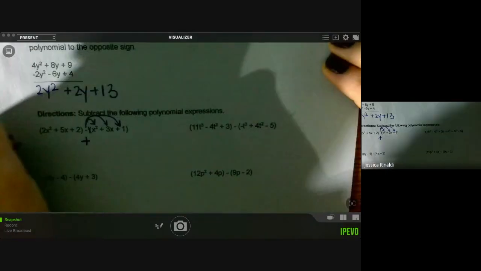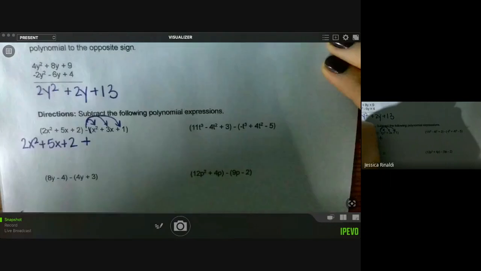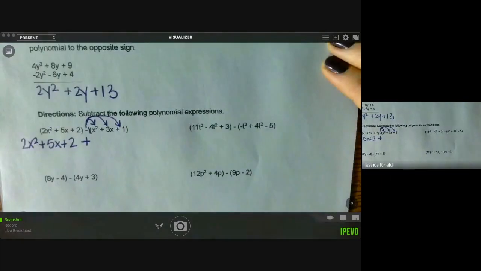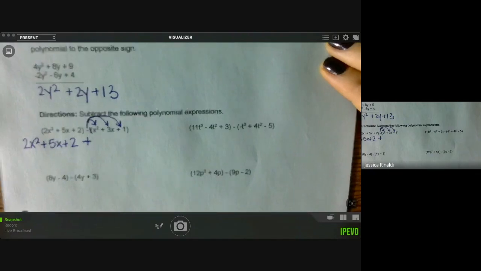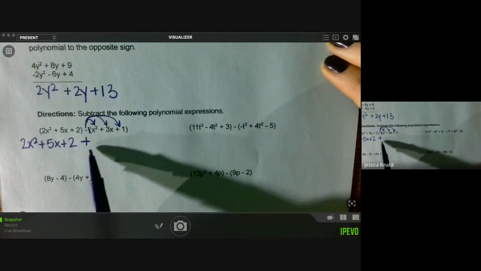So 2x squared plus 5x plus 2. I know I'm lefty and I'm sorry my hand and shadow covers it until I move it away. Now I'm going to do what Sarah told me, and I'm going to change all of those signs in my second polynomial because I'm multiplying by -1. I put my plus sign like Maddie said because I'm going to start combining my like terms.